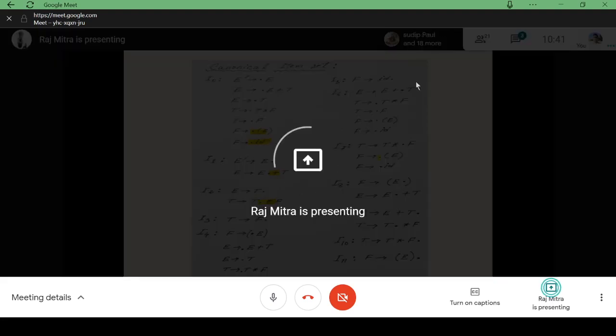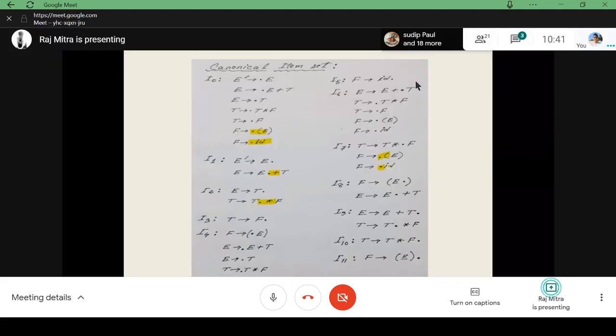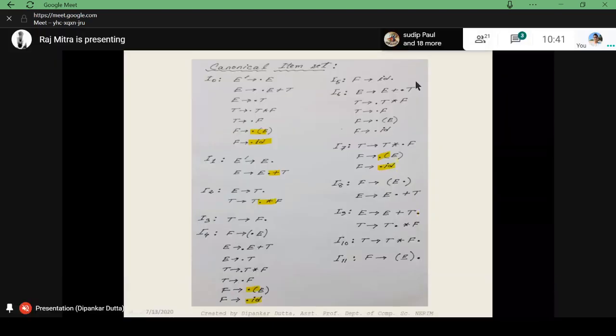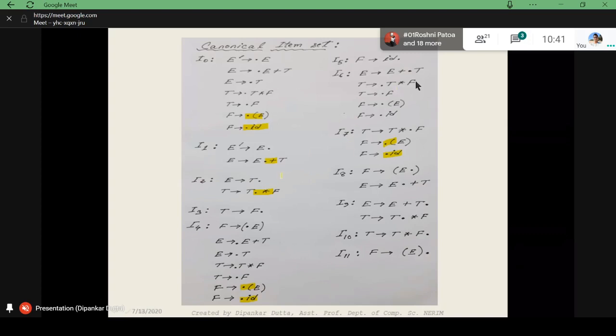This is the second case. Somewhere the dot is followed by a terminal, somewhere by a non-terminal.